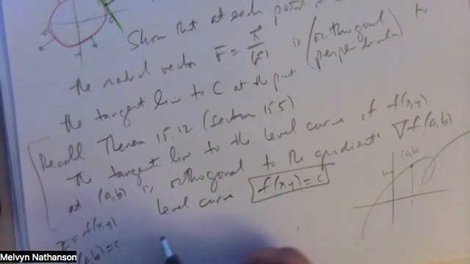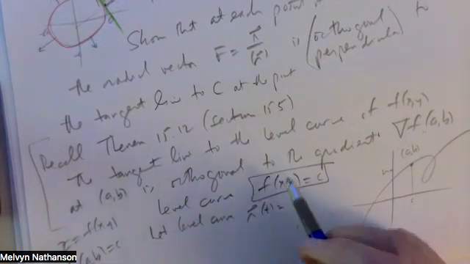So we describe the curve by some function r of t with coordinates x of t, y of t. So at any point on this curve, every point x, y is x of t, y of t for some t. And f of x of t, comma, y of t, that's a point on the curve. So when you evaluate the function at that point, of course, it's equal to c.